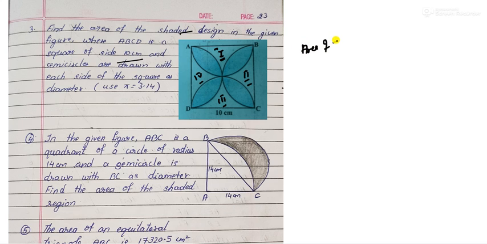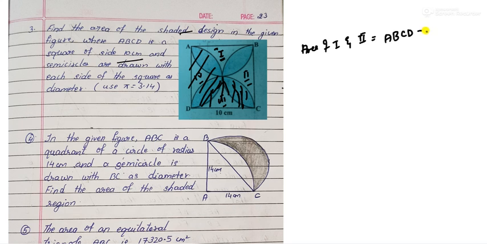How am I going to get that? Area of this ABCD square, then if I subtract these two semicircles, this and this, will I not get 1 and 2? If I subtract this semicircle and this semicircle, will I not get the area of 1 and 2? Correct.